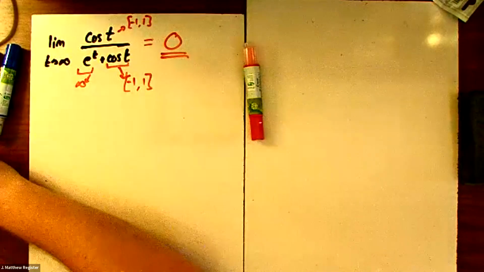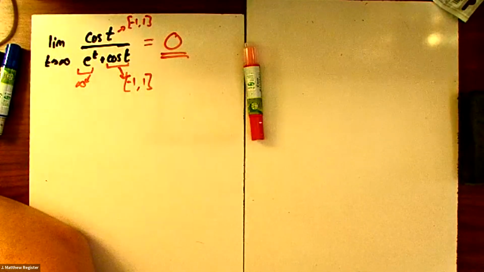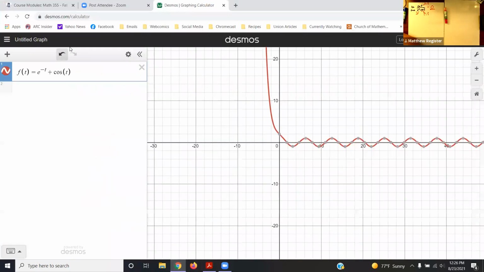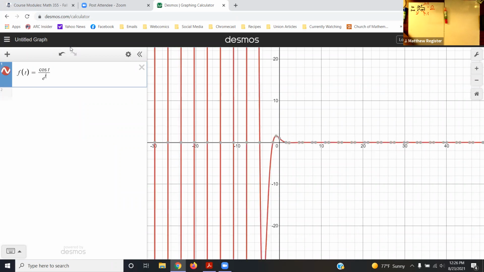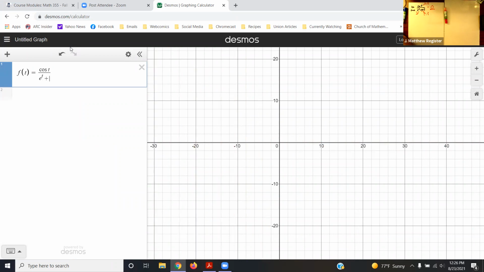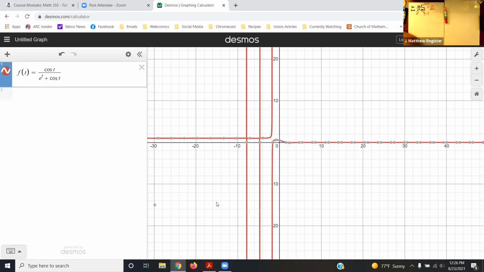Again, I might recommend plugging this into Desmos to see what it looks like. And so our good friend Desmos, when we graph this thing, we get the cosine of t over e to the t plus cosine of t.